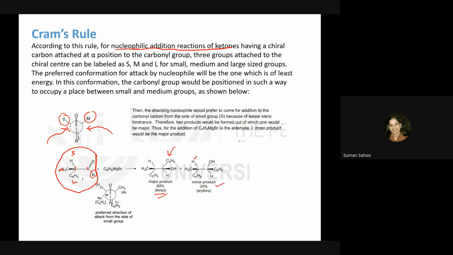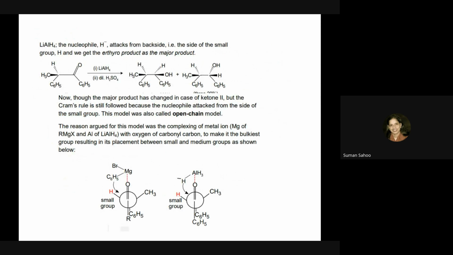So according to Cram's rule, first the nucleophile attacks in the preferred conformation, and again in the preferred conformation it attacks from the side of the smaller group because of steric hindrance. Similarly, you can predict the product here. Here we have three groups: this is large, this is medium, this is small.